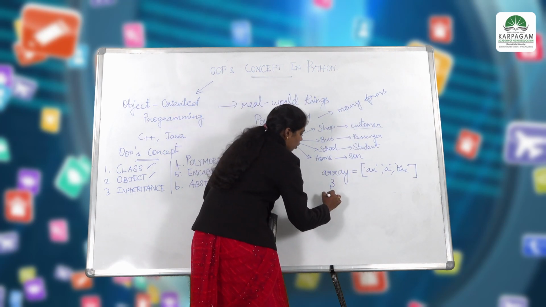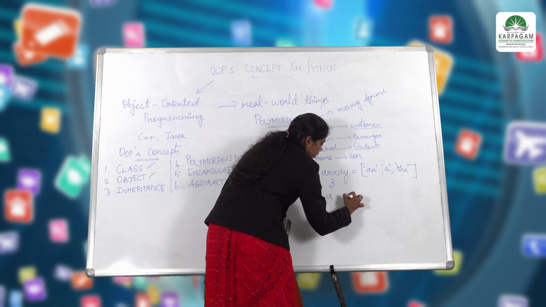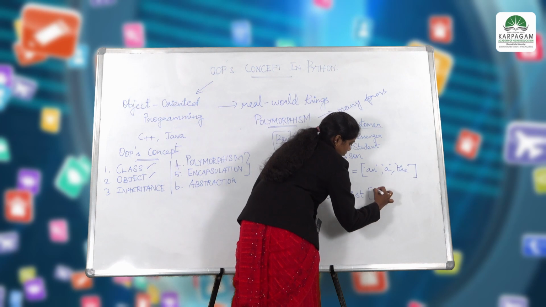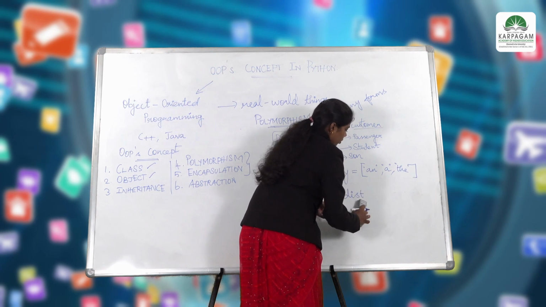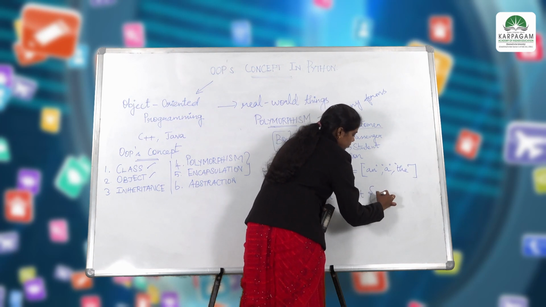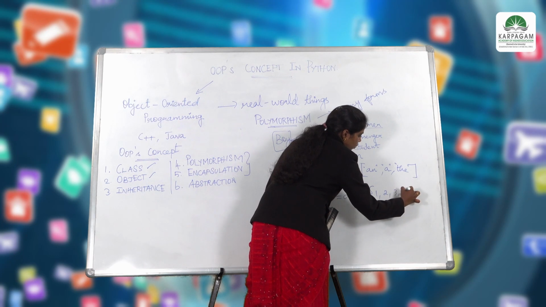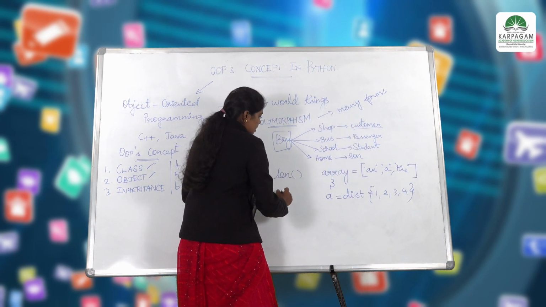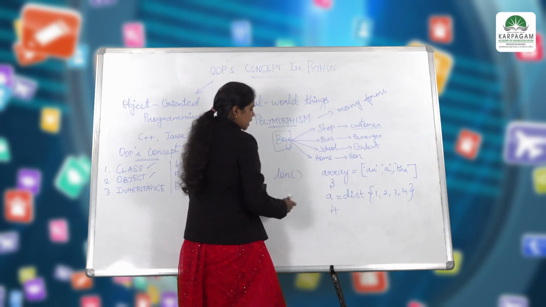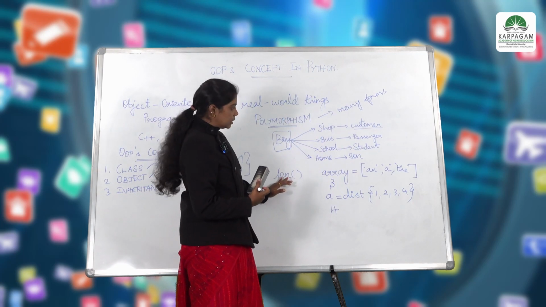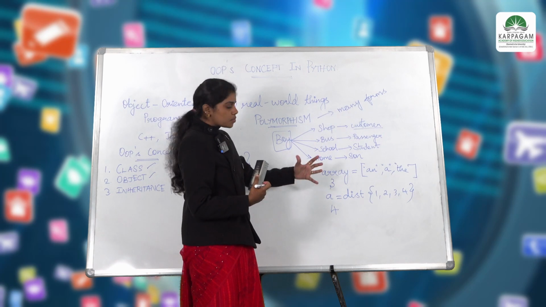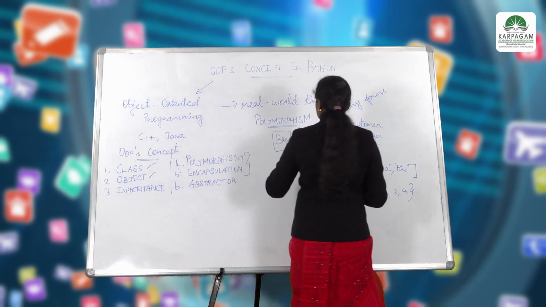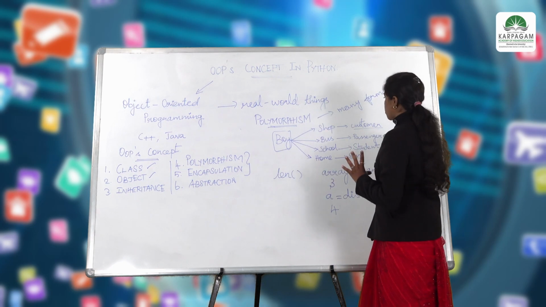Same for a dictionary. I am giving 1, 2, 3, 4. The length for this dictionary is 4. See, the same function gives us different forms of values. So, these concepts are called polymorphism.